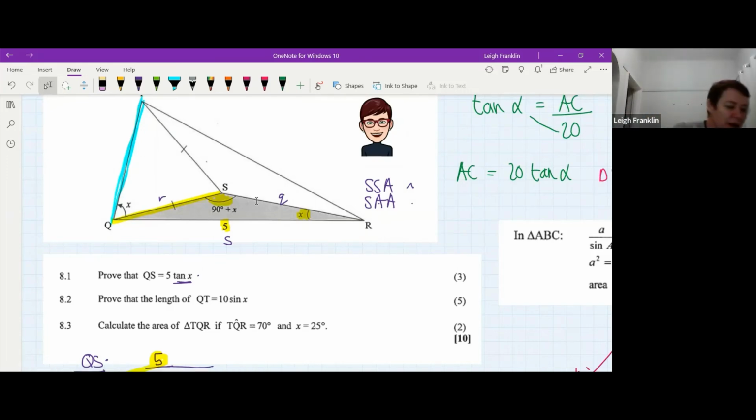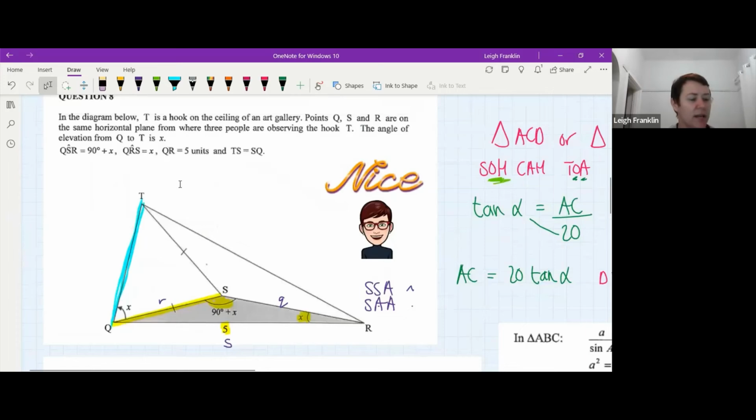So now we have to ask ourselves, in which triangle are we going to work? We established that when we were working with QS, we were working in triangle QSR. So QT is a side in which triangle? QTS, absolutely.